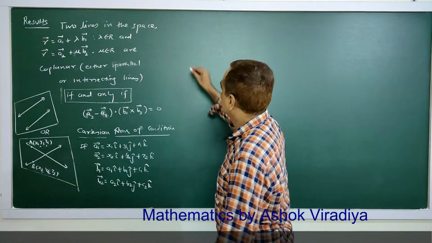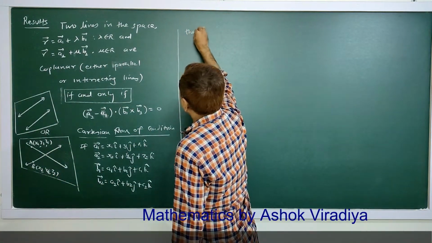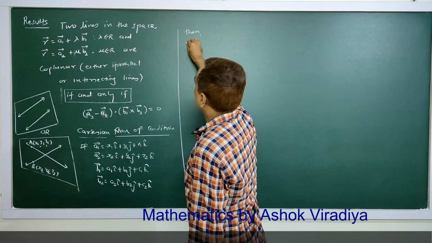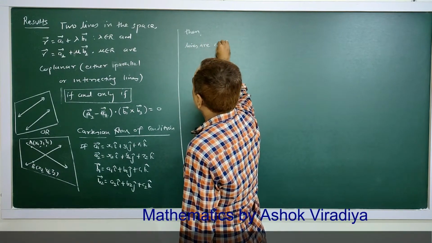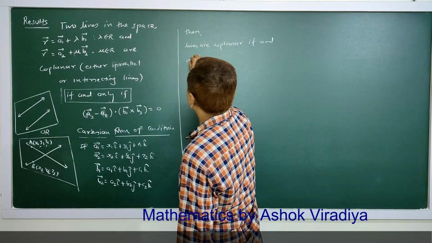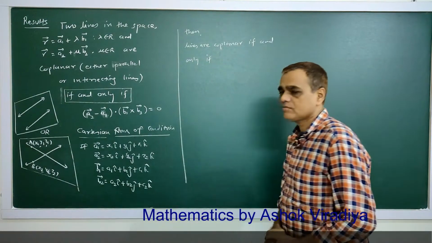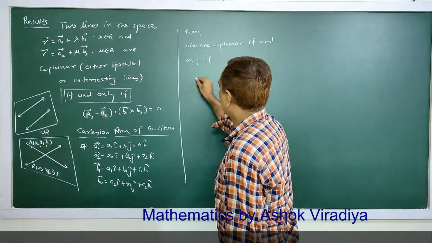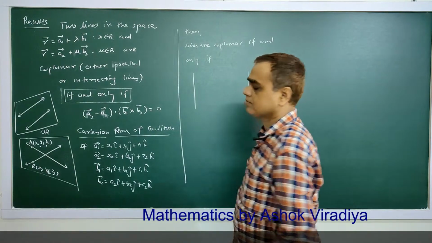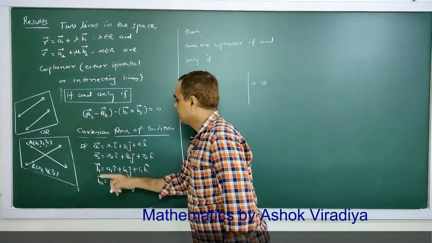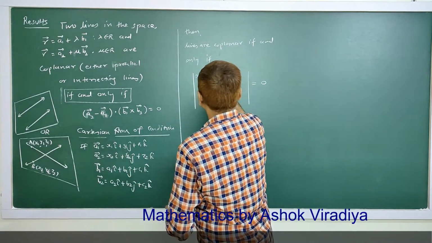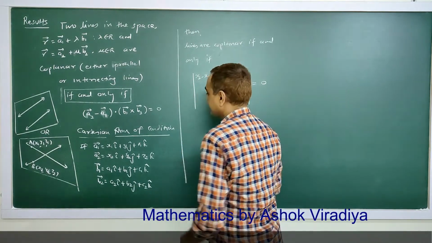Then its Cartesian form is: lines are coplanar if and only if, now converting this into Cartesian form, keep determinant equal to 0. Vector a2 minus a1, that is here we keep x2 minus x1, y2 minus y1, z2 minus z1.